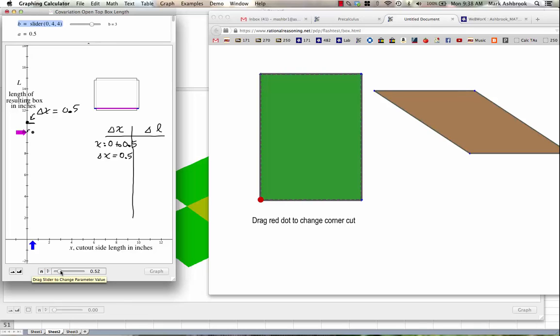Because if we took off a half on each side, we started at 11, we took off a half on each side, then we took off a total of 1. And how can I show that on the graph? Vertical line going down, and that's our delta L of -1.